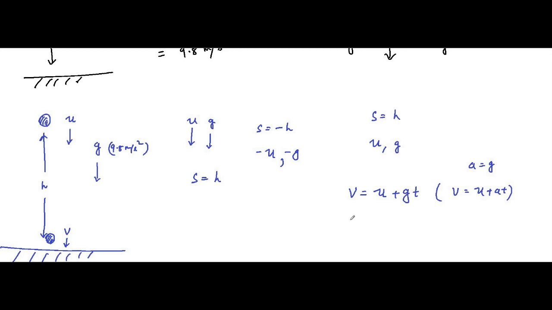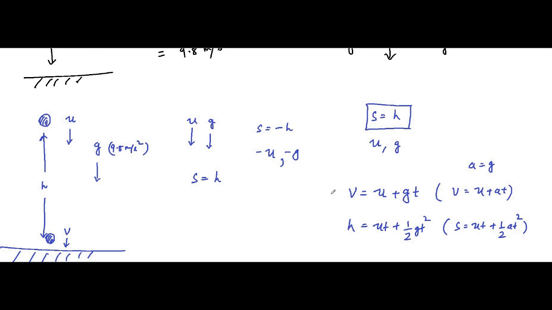Similarly, h is equal to ut plus half gt square. This is the second equation for motion under gravity, which is coming from S is equal to ut plus half at square. Simply here S is equal to h. The net displacement is equal to the height above the surface of the earth from where it is dropped.